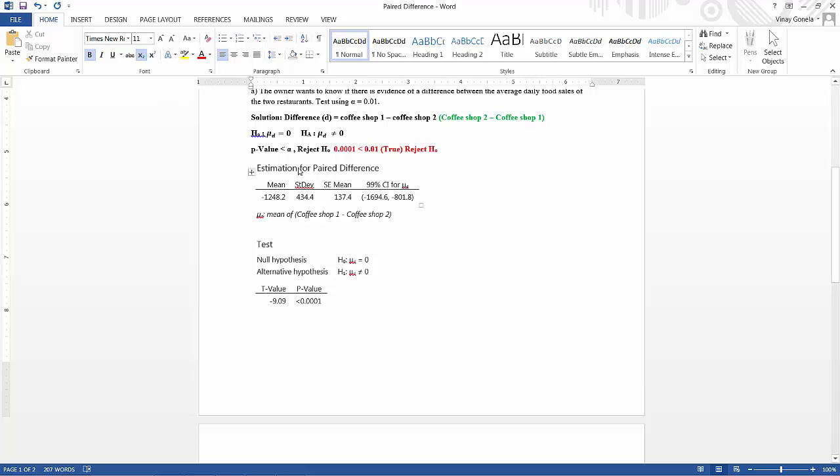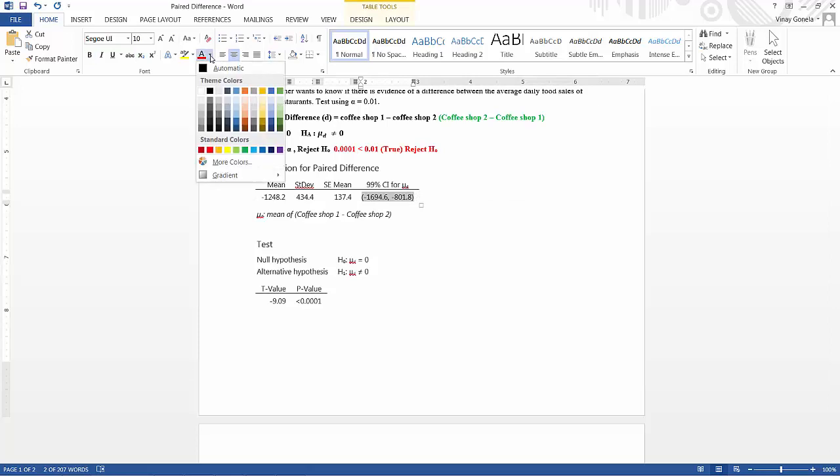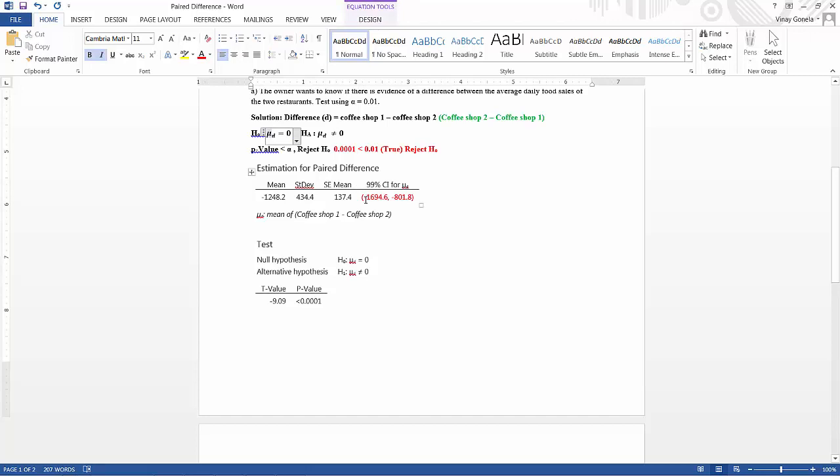The other way of looking at this is we can look at the confidence interval. Both are negative values. That means our lower bound and upper bound, our difference value mu d, will lie between negative 1694.6 and negative 801.8.